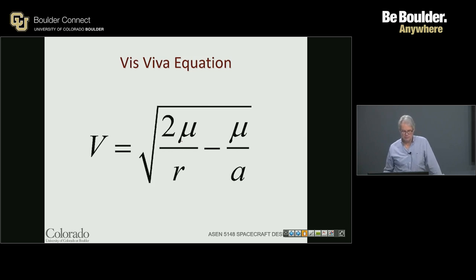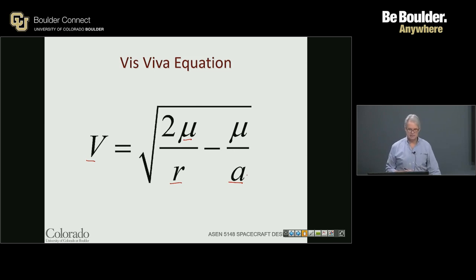I'll explain what those are. You already know what v is, it's the spacecraft velocity. You already know what mu is because we've talked about that for planets. You already know what r is, which is the radius from essentially a point in the orbit, or the body we're orbiting about, to the spacecraft. The only thing we need to define now is what a is and how it relates to things.